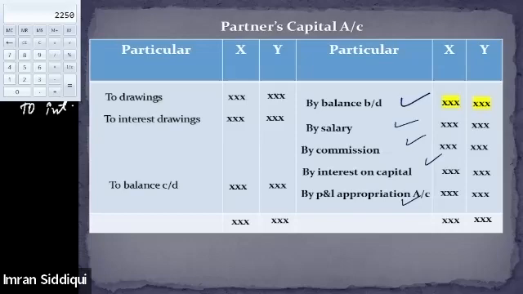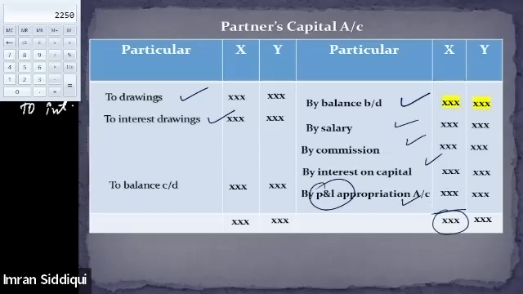All right, so I hope this is clear. On the credit side, we record the salary, commission, interest, and profit that we have received from the P&L appropriation account, which will also be credited to the partner's capital account on the credit side. Drawings are recorded on the debit side, and interest on drawing on the debit side. Now, after recording all these items, we will first of all total the credit side value.